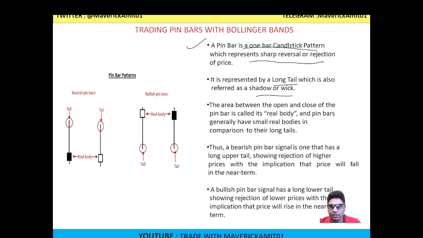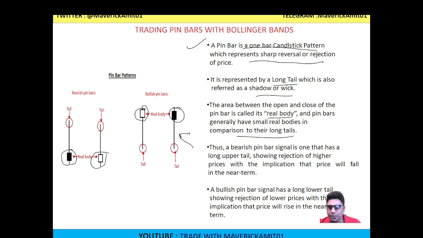The area between the open and close of the pin bar is called the real body. So friends, this is my real body of the candle. This is a bullish pin bar and this is a bearish pin bar real body. The real body of the pin bar should be small in comparison to the long tail. So friends, it is very important that my tails should be long and my real body should be small.